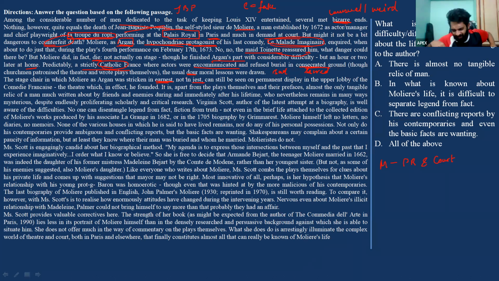So he was very sincere about sitting in that chair and performing this particular play. Okay, and it was not a joke, can still be seen on permanent display in the upper lobby of the Comedy of Francis. So some kind of gallery or something still has this guy's chair over there. The theater which in effect he founded. So he founded that theater. So apparently Comedy of Francis is a theater.